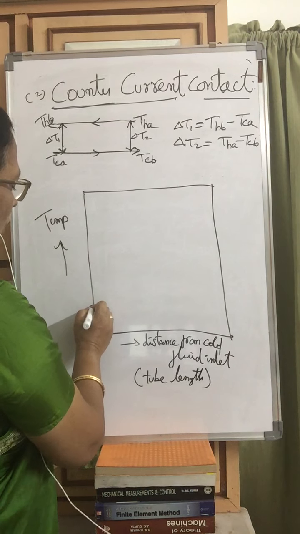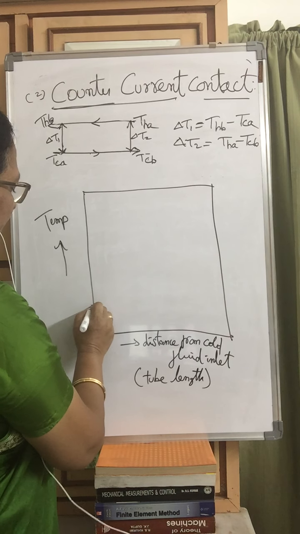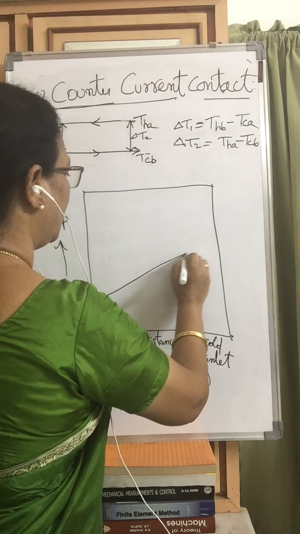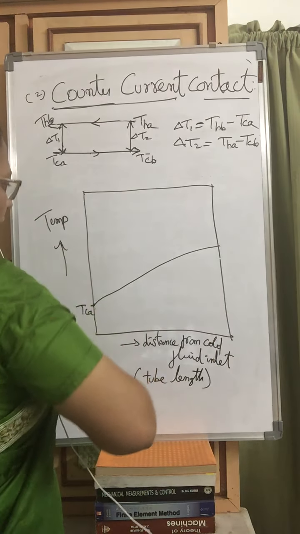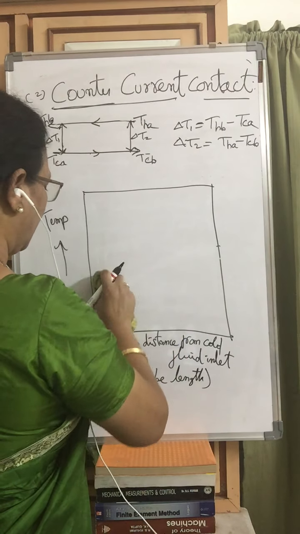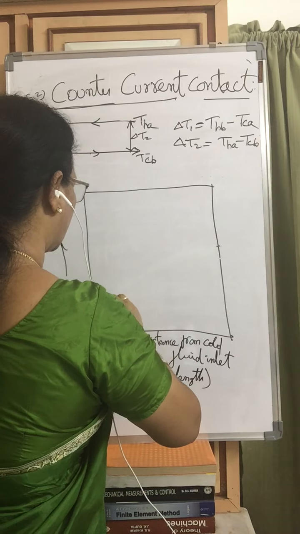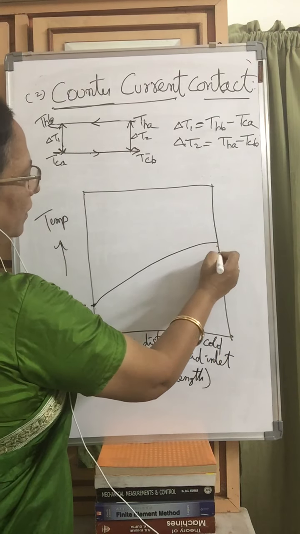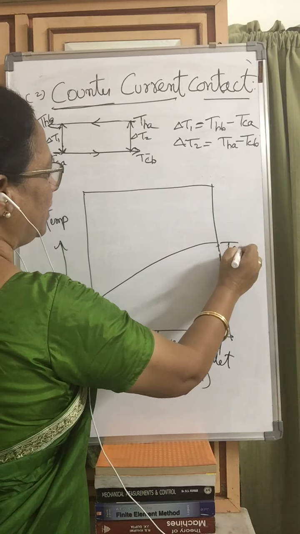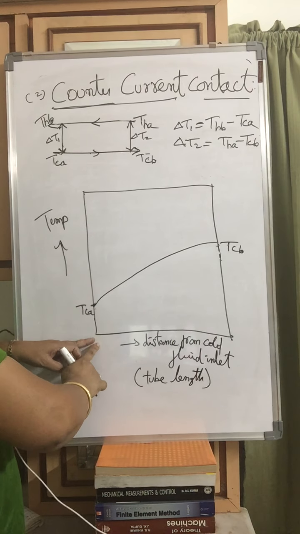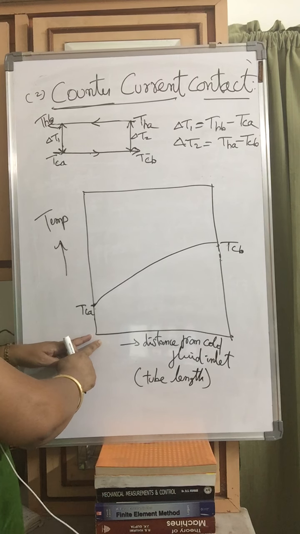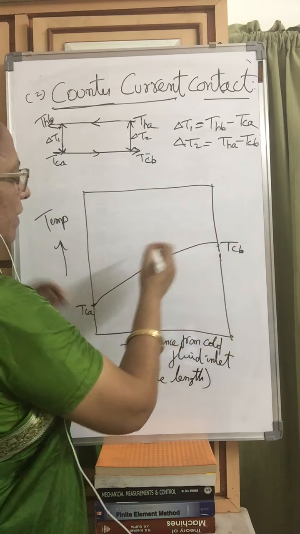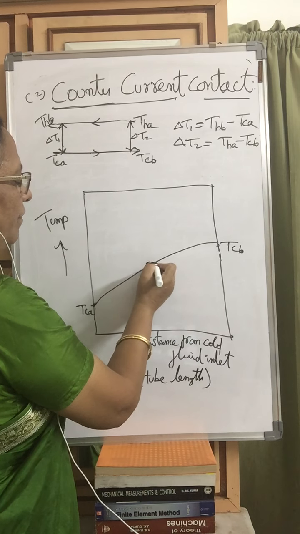So here cold fluid enters, say at TCA, in this direction. Then slowly its temperature gradually increases. So this is TCB. This is the entrance of the double pipe heat exchanger. TCA is entering here and leaving at the other end of the exchanger. So this is how it is flowing.